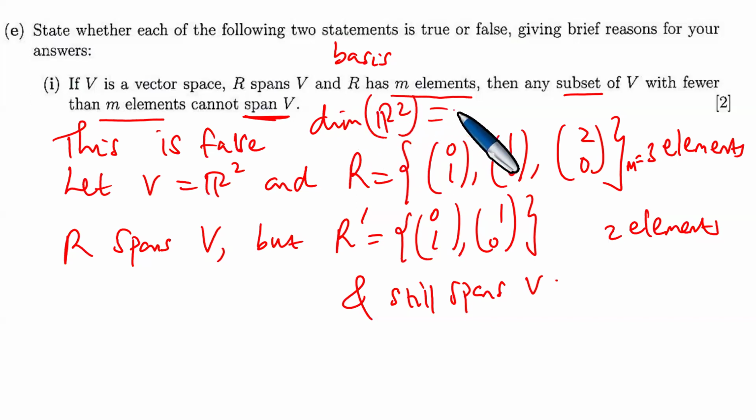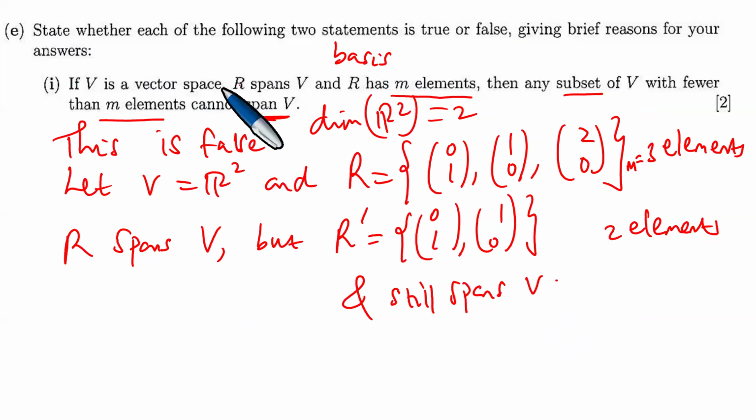But if you put 3 elements, so you can have M elements, then you take a subset with fewer than 3 elements, yet this one still spans V.